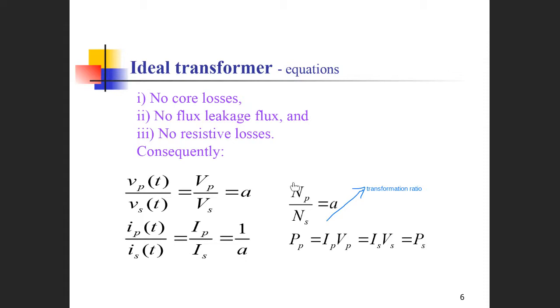The primary equivalent turn number over the secondary turn number is defined as the transformation ratio. For some special transformers, because of the winding structures, it is difficult to determine the accurate turn numbers. So here, the primary and secondary turn numbers are equivalent terms.